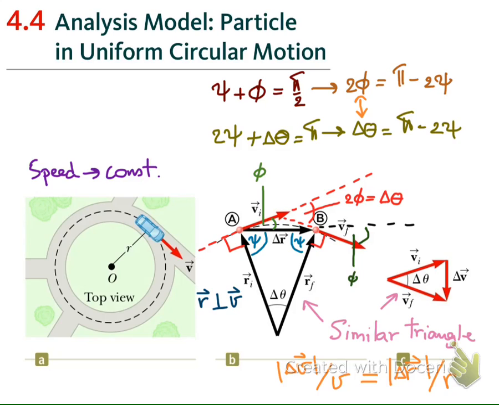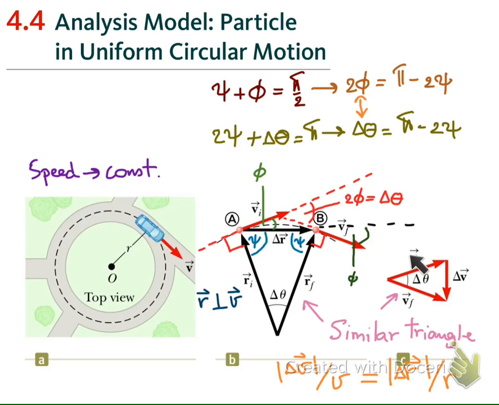So the length of the position vector from the center, which we use as the reference point, will be equal at any point on the path, and the speed is constant.